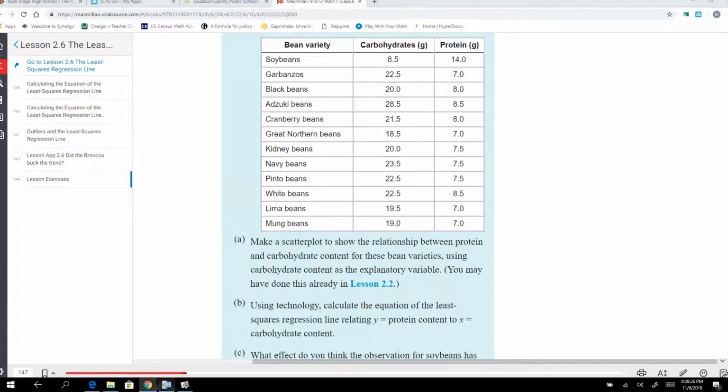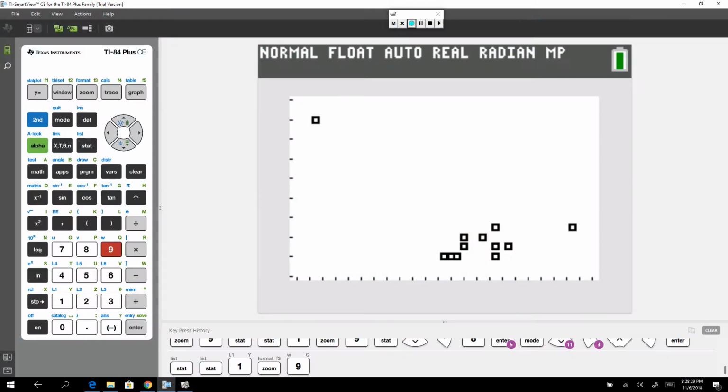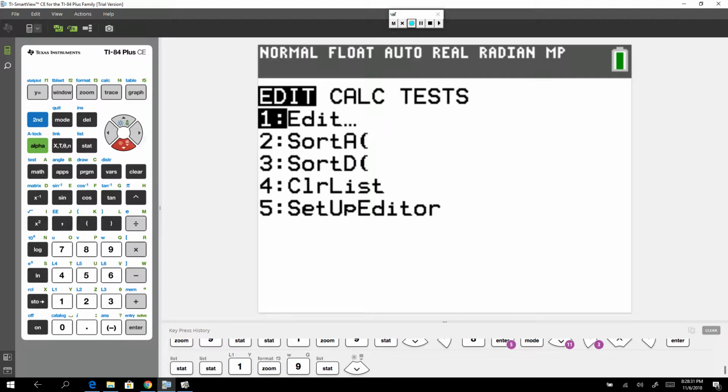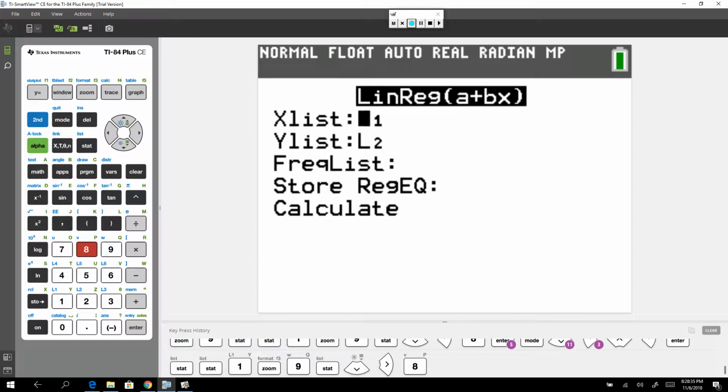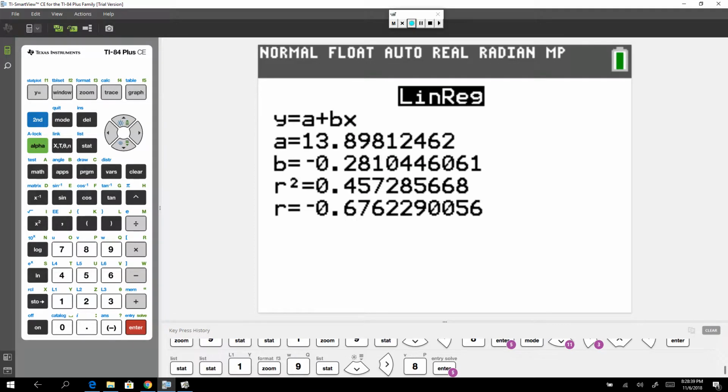So, hopefully you've already done it ahead of me, but that's Stat, Calc, linear regression. And since I've turned stat diagnostics on, I get my correlation and my R-squared, which I'll talk about in a little bit.